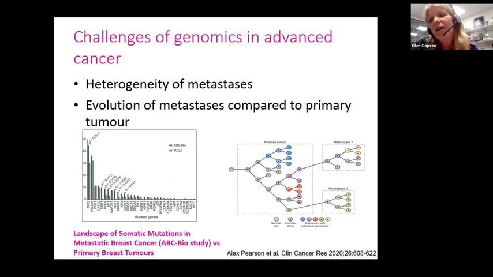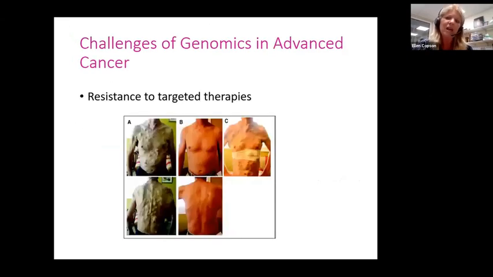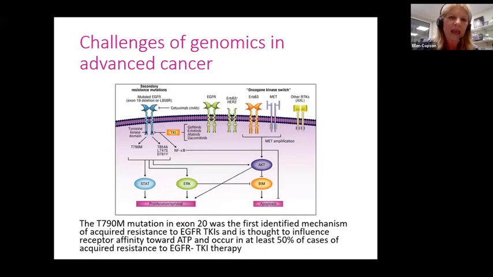Of course, our issue in advanced cancer is the heterogeneity of metastases, the evolution of metastases compared to your primary tumour, which means even if you identify a biomarker in one bit of cancer, it doesn't mean all the cancer is going to respond to it. I'm sure you will all have seen this follow-up photo to the photo I showed earlier, which demonstrates that resistance to targeted therapy is a very real issue.